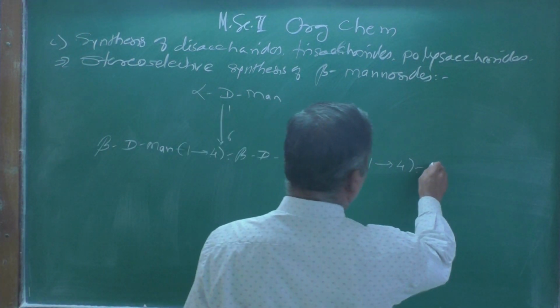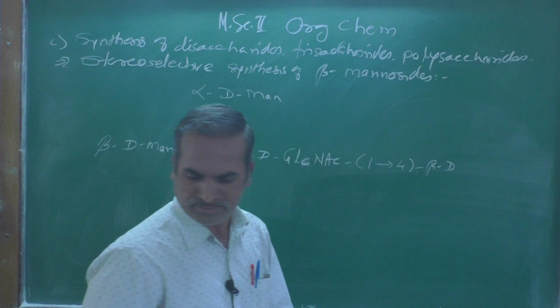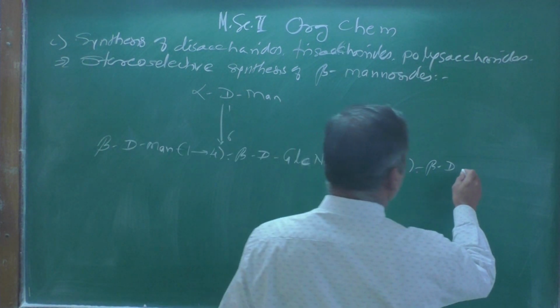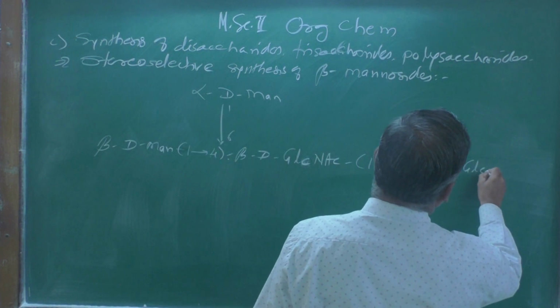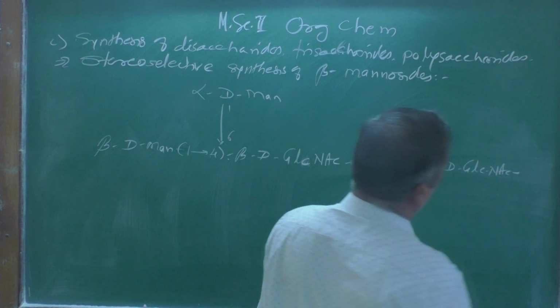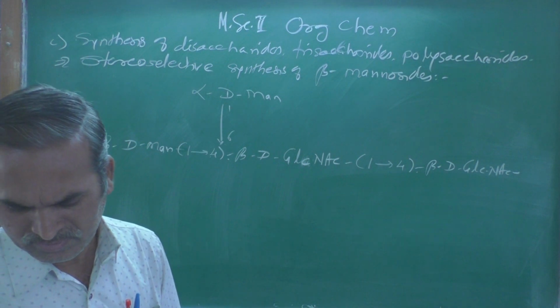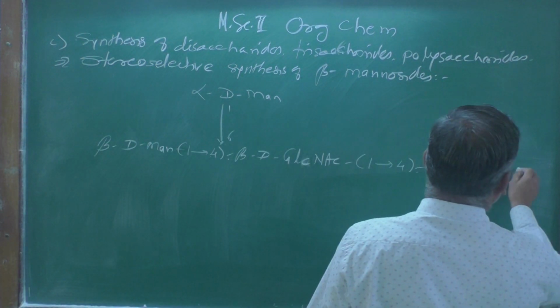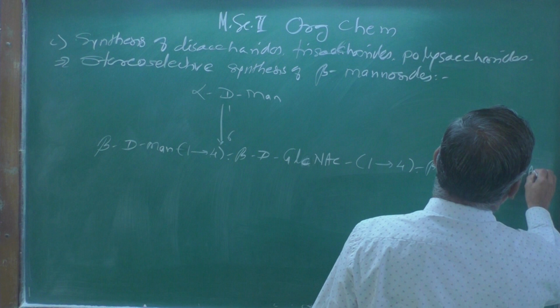Then beta-D, there is again GlcNAc, and then in bracket 1 to Asn.